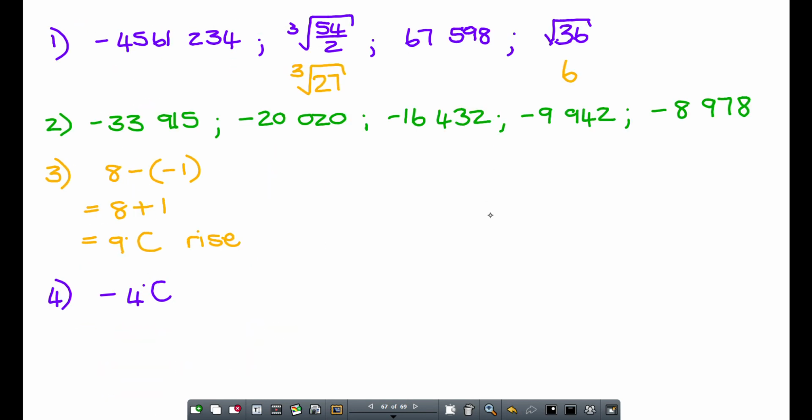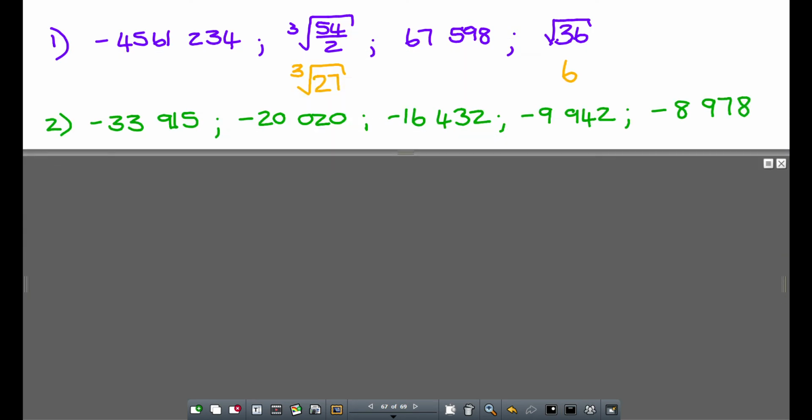You guys done? Can we mark a bit? Okay, so at number 2, I wanted you to write it in ascending order. So we start with the small numbers and work our way up to the bigger ones.